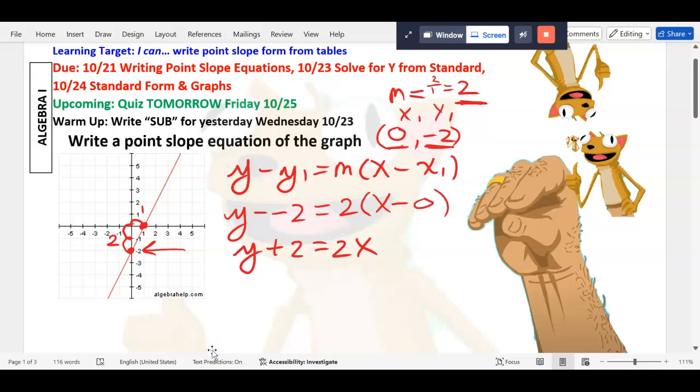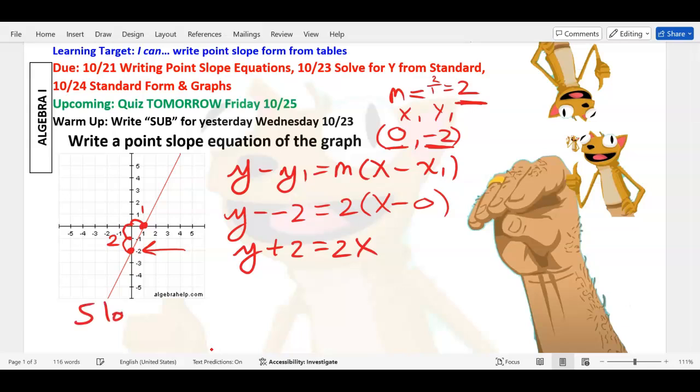Oh, I meant to say on the warm-up, sorry to bring it back to the warm-up, we're going to start doing this here soon, but what if we wanted slope-intercept form? Remember, slope-intercept is y equals. If I want y equals, don't I just get rid of this plus 2? And they don't combine because they're not like terms.